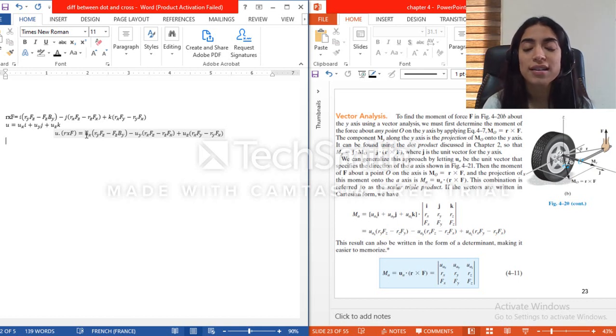Basically, u dot r cross f is the projection of the moment around O on u, or on an axis that has a unit vector equal to u. Okay, so this is a scalar. It is the projection. I know that the projection is a scalar from chapter 3. So this is a scalar product, and I can find it using a method similar to the matrix method. Let's go to the cross product in matrix form.